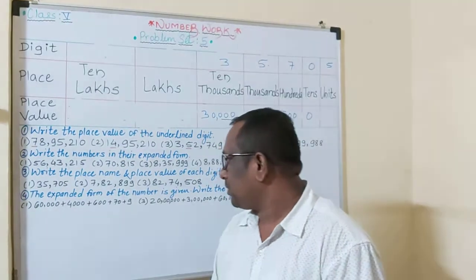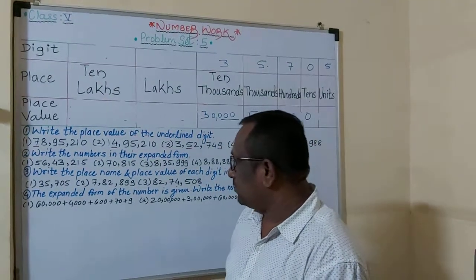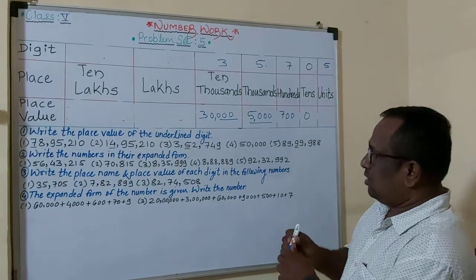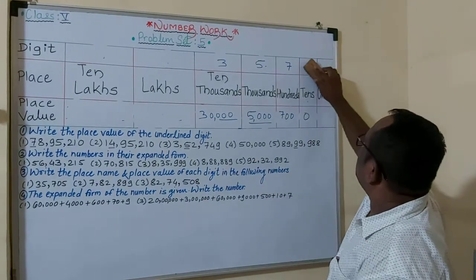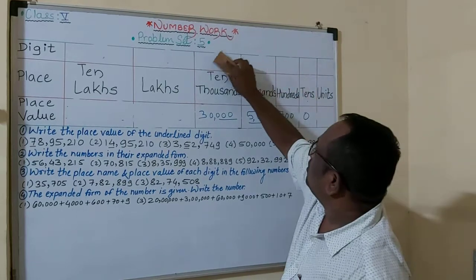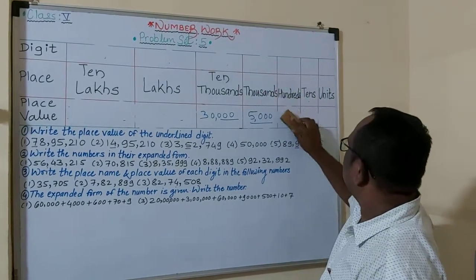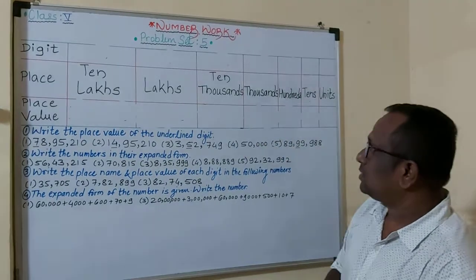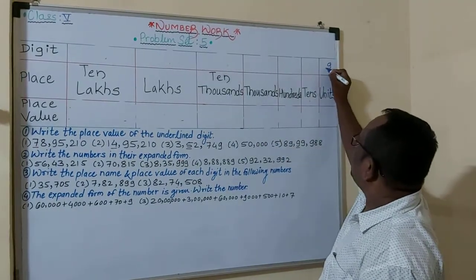Now the first one. See here, 9. Where is the 9? The unit place, 9.